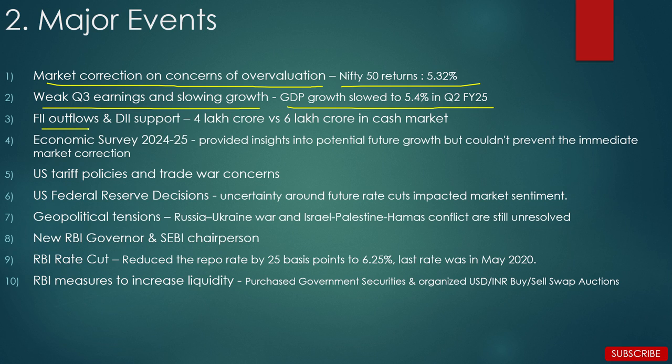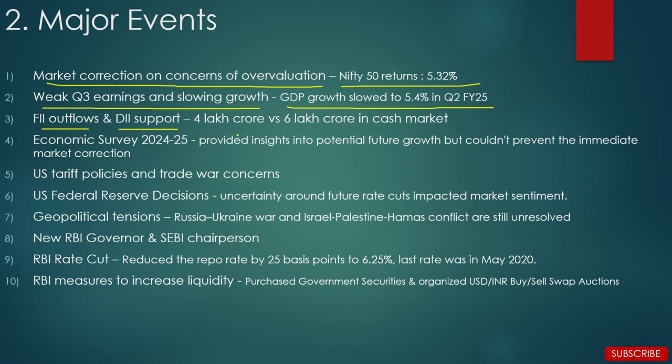Third major event was the FII outflows, which was countered by DII support. So FIIs are the net sellers in Indian stock market for quite a few years now. Financial year 24-25 was not any different.